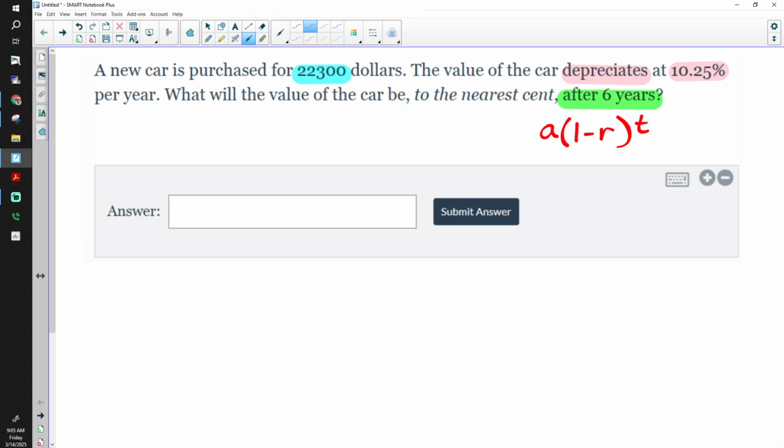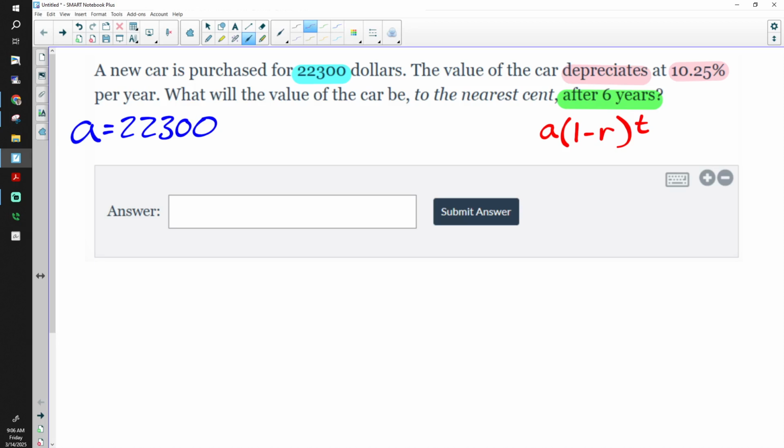So there's always three things we need. We need our a, we need our r, and our t. A is our starting amount. Our starting amount is $22,300.